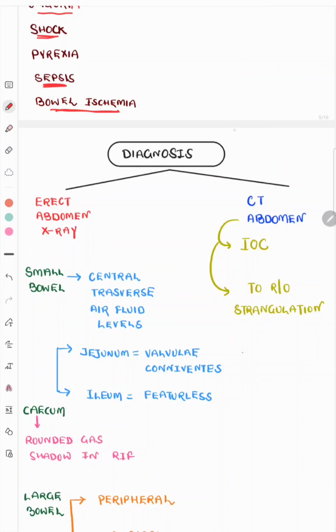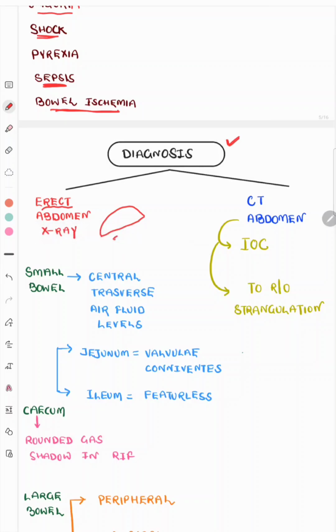So now we are going to discuss the diagnosis, how to diagnose an intestinal obstruction case. So we will order an erect abdomen X-ray in emergency to know about the intestinal obstruction site. So there will be an air fluid level like this.